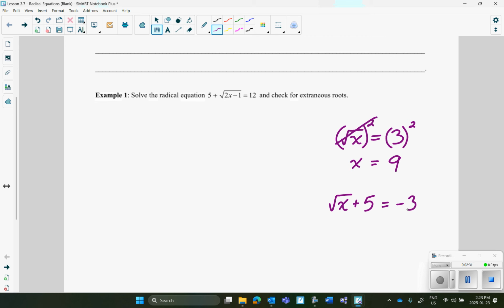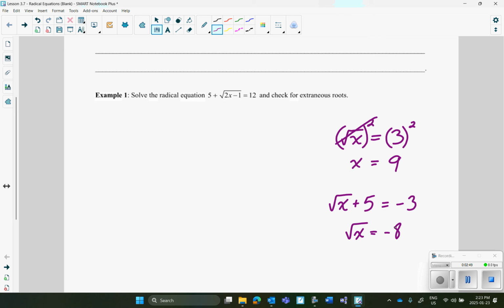Yeah, because the general rule is you want to get rid of what's furthest away from the x. This square root is right on top of the x. This is a little bit further away. So we want to get rid of this first by subtracting both sides by 5.